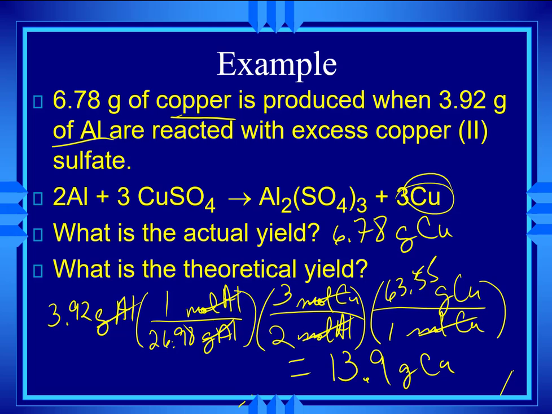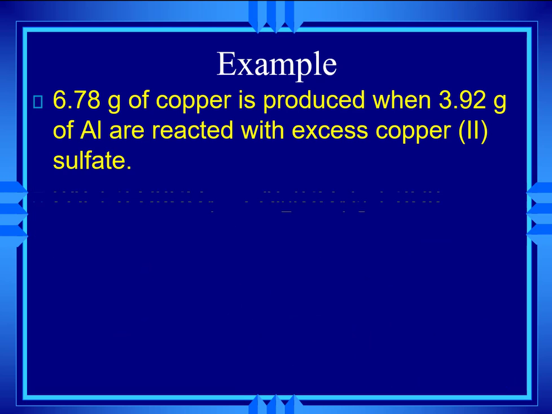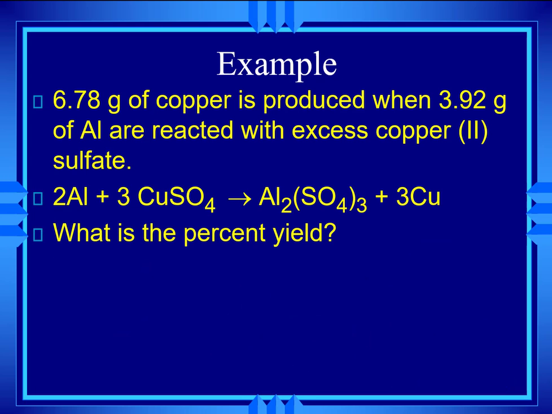Everybody know what the next question is? I couldn't fit it on the screen. What's the percent yield? Yep, it's a measurement. You got it with the measurement, so it's sig figs. Let me answer it. Okay, so percent equals actual over theoretical times 100%.